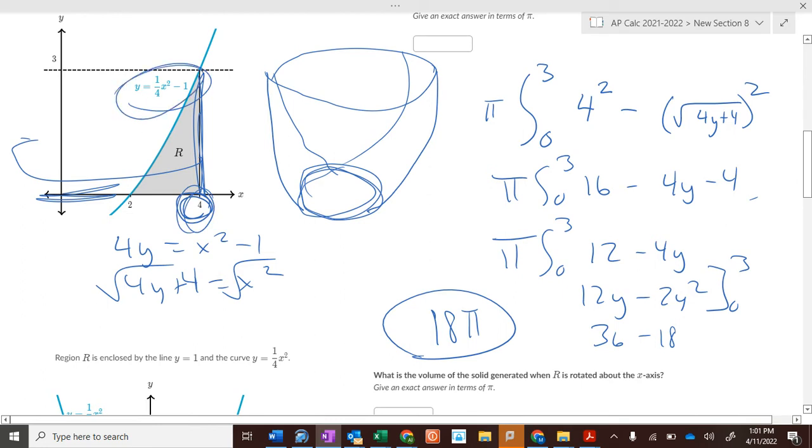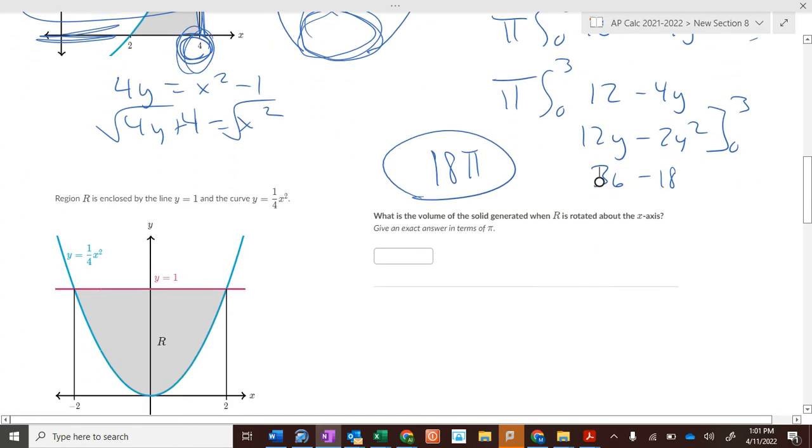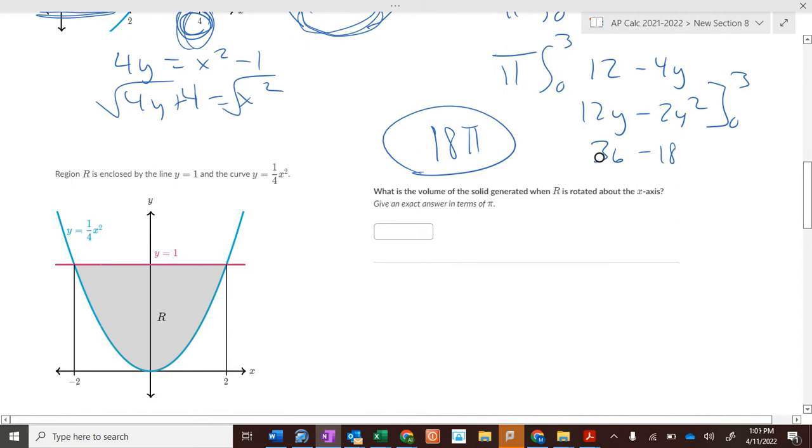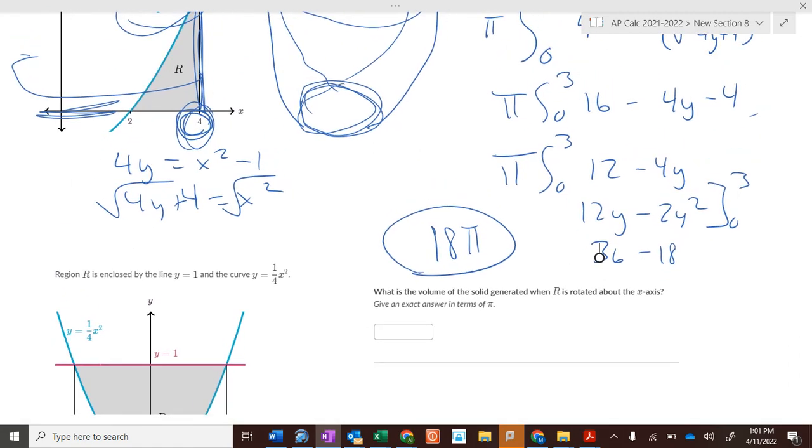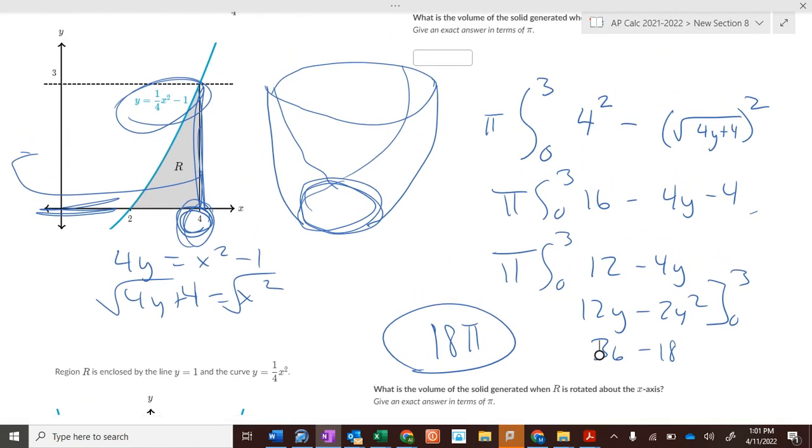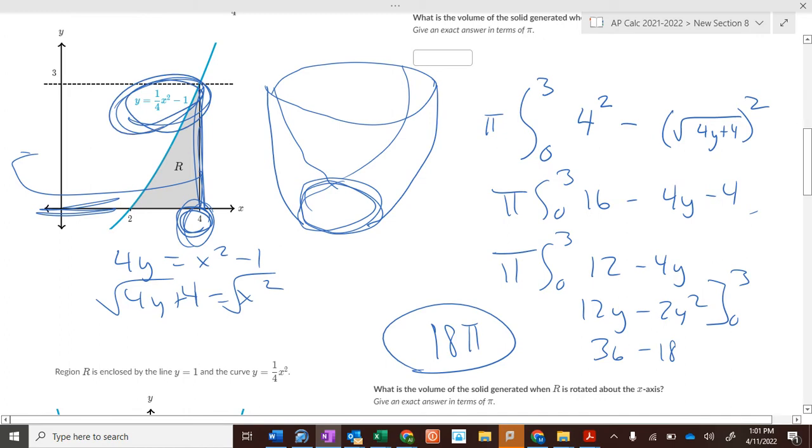My other line is here. That's my subtraction. Does it matter which one you do first? Yeah, it's got to be outside to in, furthest away from the y-axis to the closest. Wait, how are they any different if they're both 4 away from the y-axis? They're not both 4 away. This is this far away.